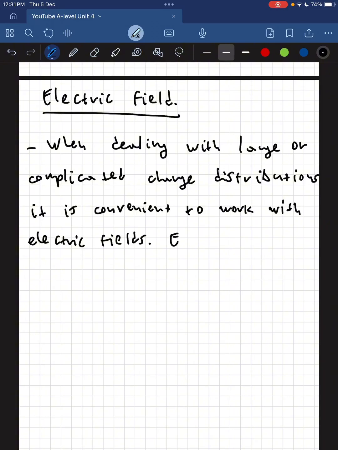And the electric field is denoted by E, and I put an arrow on top of E to denote that this is a vector quantity.